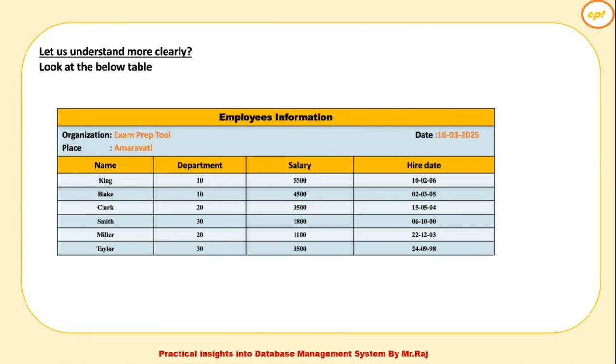Tell me, are you getting what I am saying? Again, one more question. After adding the labels, salary, department, hire date and so on, it becomes much easier to understand.